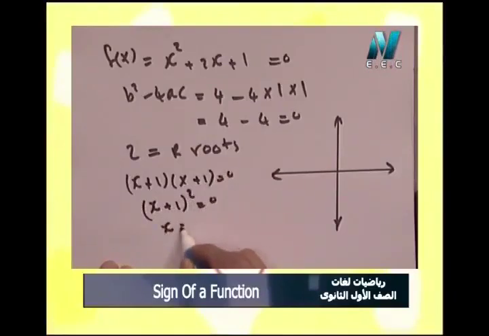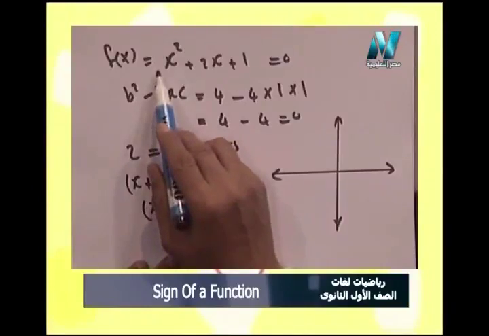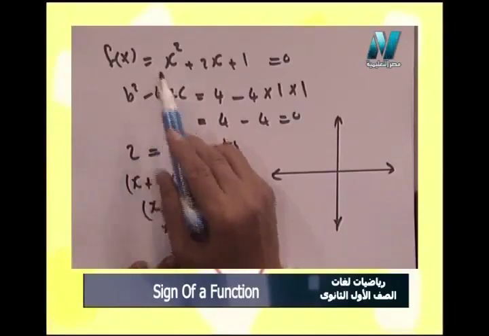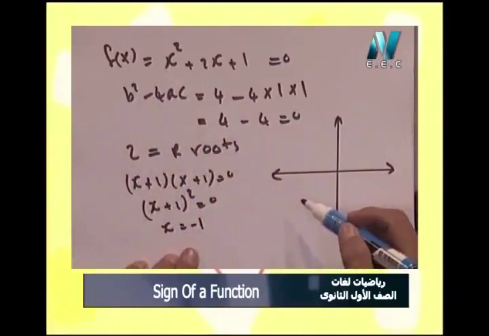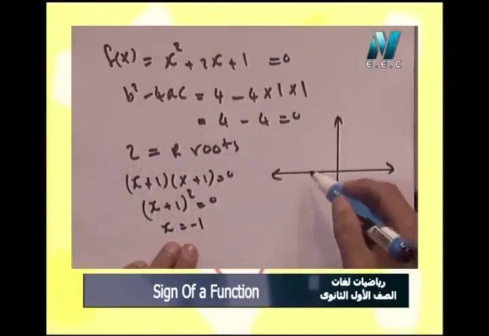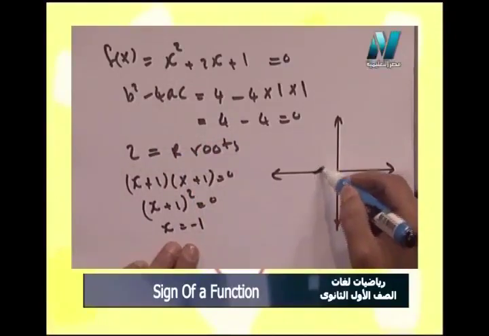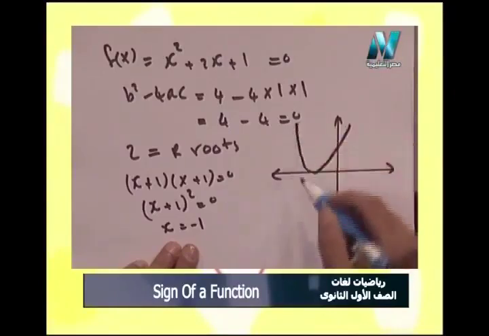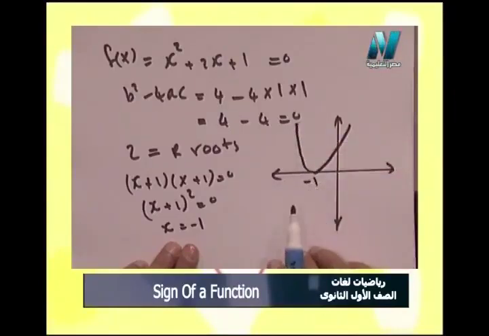So x equals −1. And the coefficient of x² will be positive. So the function lies completely upward of the x-axis here, but it touches it at −1.